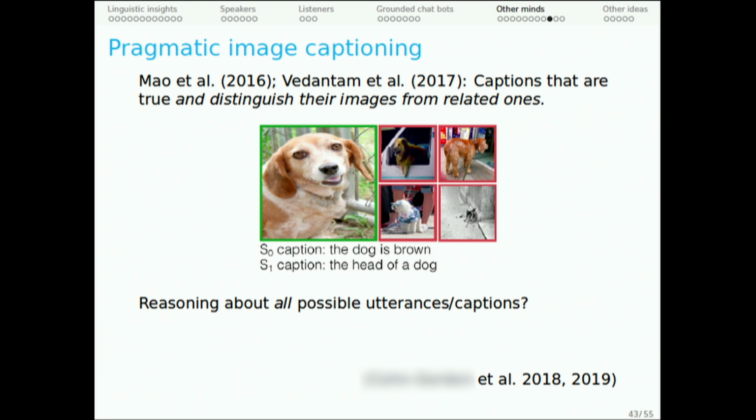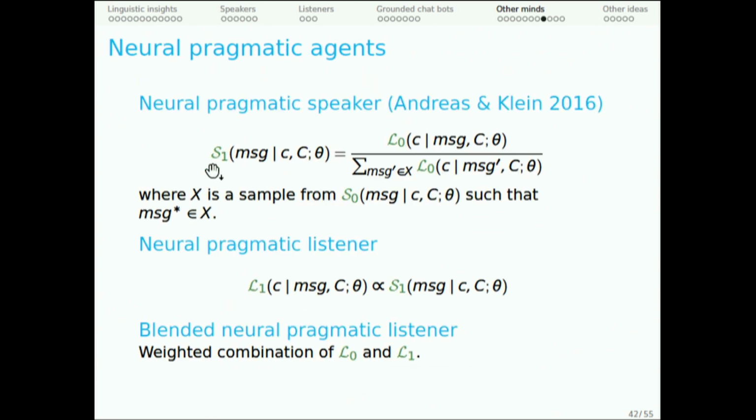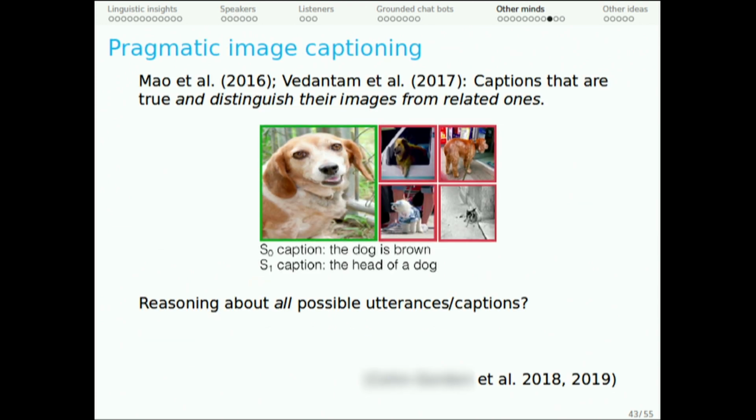And I'm running out of time here, but I wanted to mention also that another way of solving this problem is to just change the space of atomic messages. And that's what my student did. So he did what we call pragmatic image captioning, which is like that work I mentioned from the Google groups before. And here he applied RSA to a standard image captioning system.